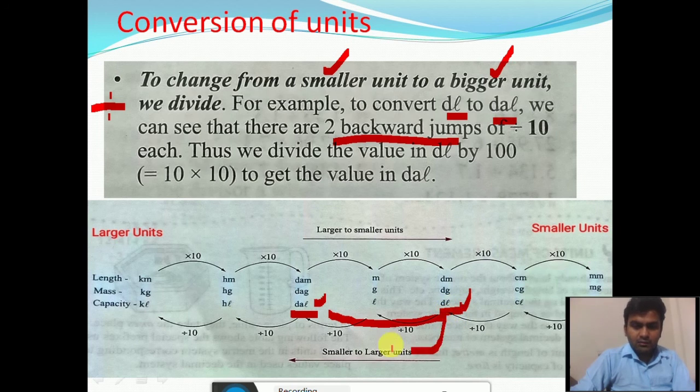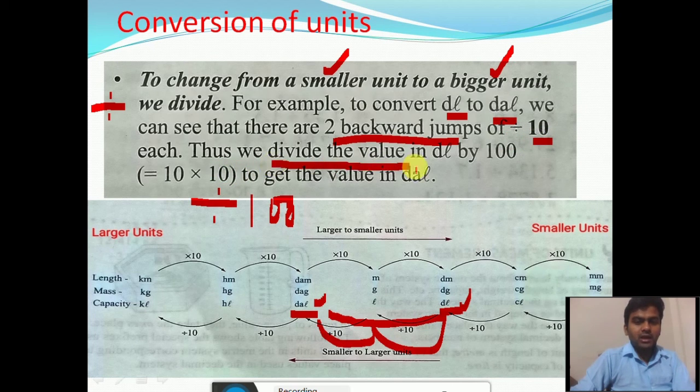DL, 1, 2, so divided by 10 into 10 means divide the given number by 100. So it is written: 2 backward jumps of 10. Thus we divide the value in DL by 100. I hope you understand.